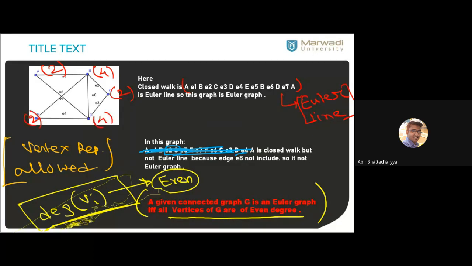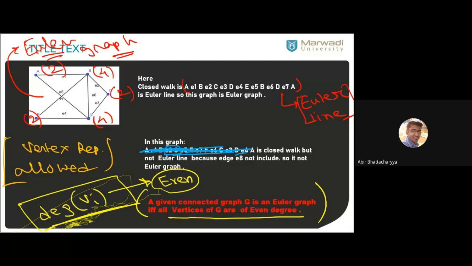So all are even degree. So this graph is an Euler graph. This is the simplest technique to check whether it's an Euler graph or not. How to check? We will calculate the degree of all vertices. If it is all even degree, then it's going to be an Euler graph.